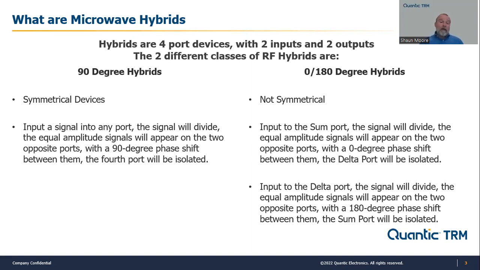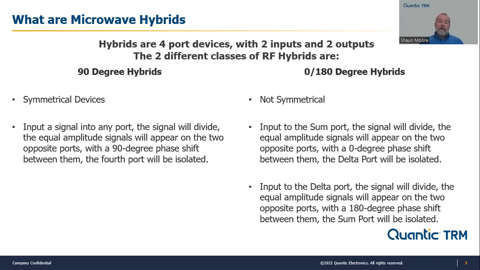A 90-degree hybrid is a symmetrical device, which means that you can turn it over, flip it back and forth, and the input and output relationships will remain constant. Also, there is a 90-degree phase shift that occurs between the 2 outputs of the hybrid, hence the name 90-degree hybrid.